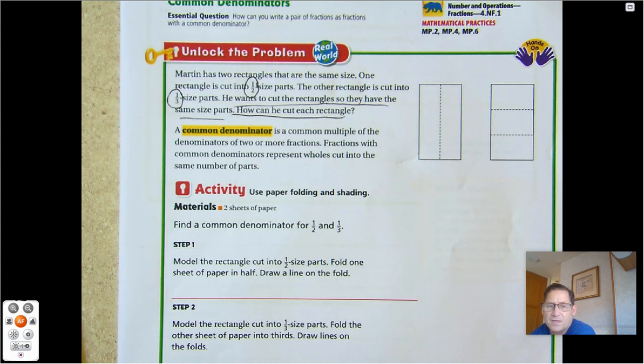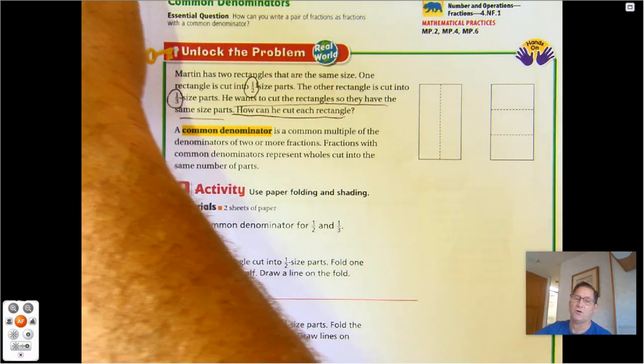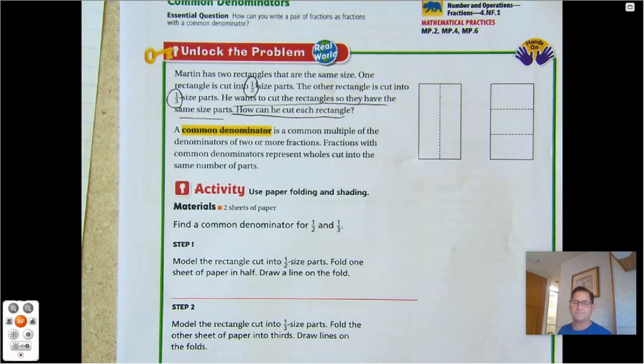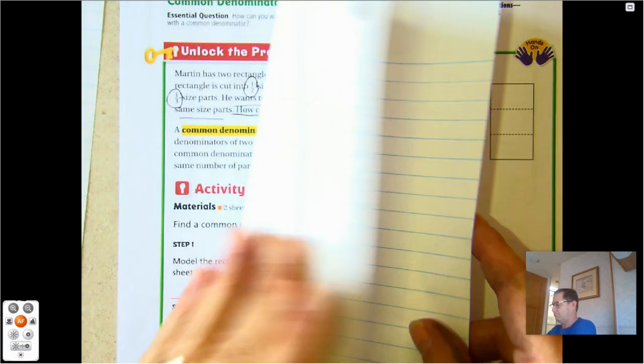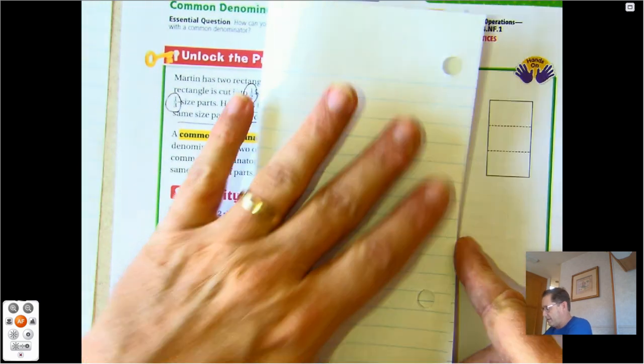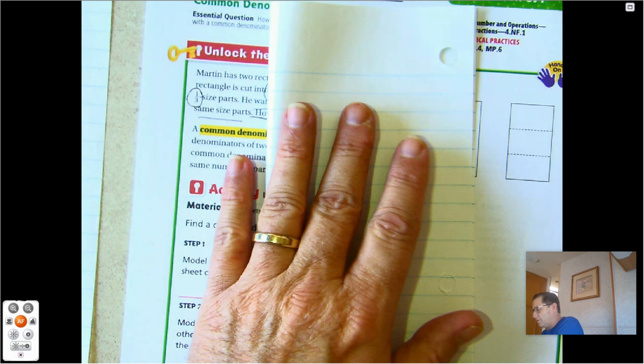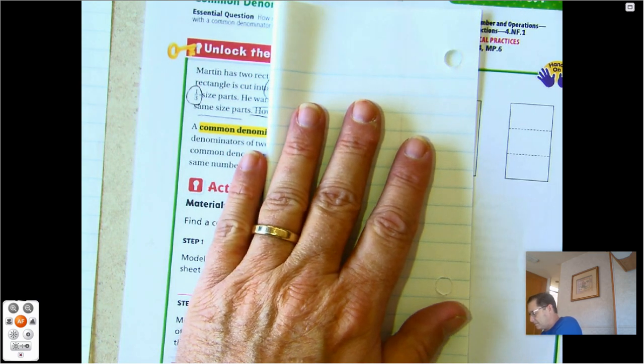So we're going to find a common denominator for 1/2 and 1/3 using an idea of paper folding and shading. Step 1, model the rectangle cut into half-size parts. Fold one sheet of paper in half. That's simple enough, right? Make sure that we have the edges lined up. We want to make it as even as possible.